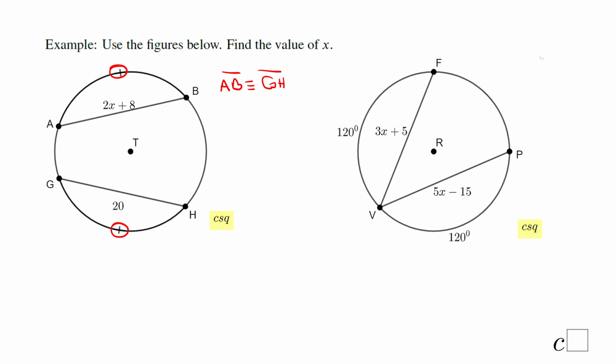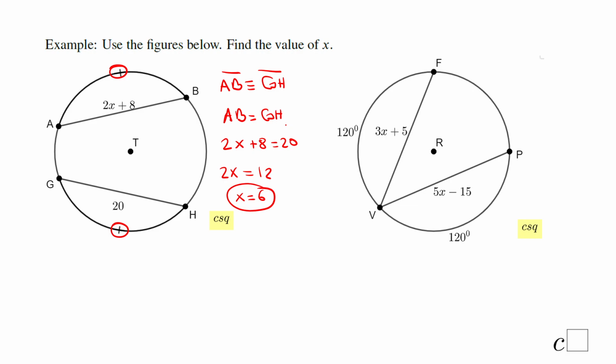Okay, so this is the converse of the previous theorem. So that means the length, the measure of segment AB, is equal to the length, the measure of segment GH. That will give us an equation: 2x plus 8 equals 20. I'm going to subtract 8 on both sides. I get 2x equals 12. Divide by 2, we have x equal 6.